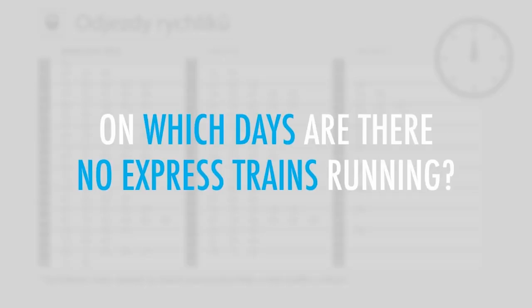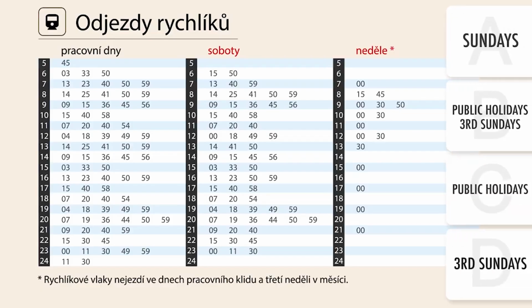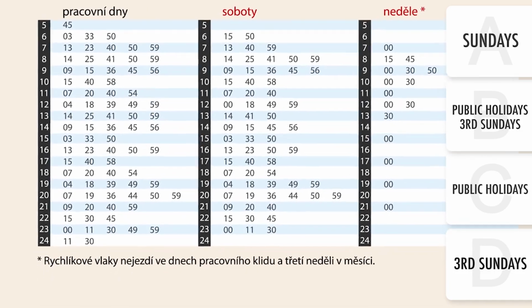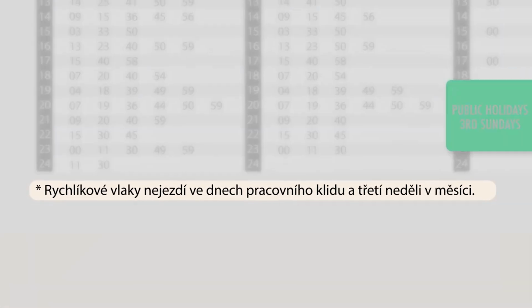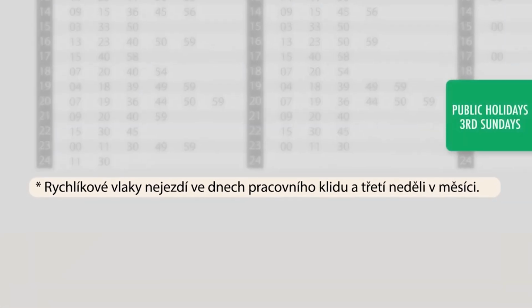On which days are there no express trains running? There are no express trains running on public holidays and the third Sunday of every month. Dny pracovního klidu, 3. neděle v měsíci.